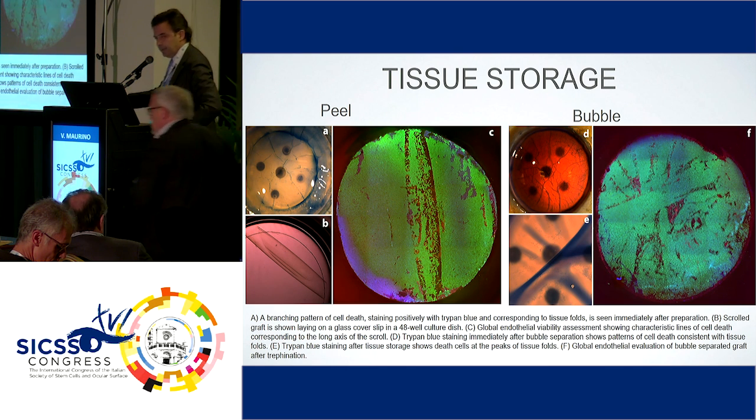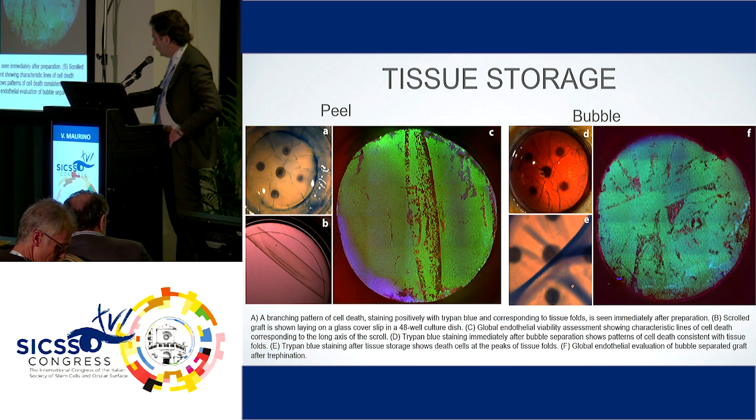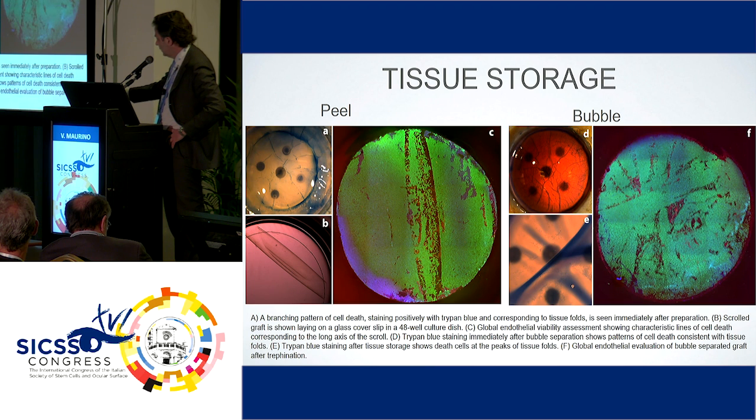showing, for instance, once the graft has been stored in the appropriate medium, that there is, however, a minimum loss of cells. You may see here the peeling and the bubble techniques compared to each other.